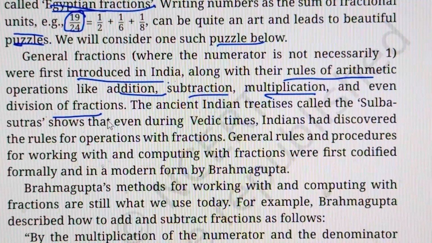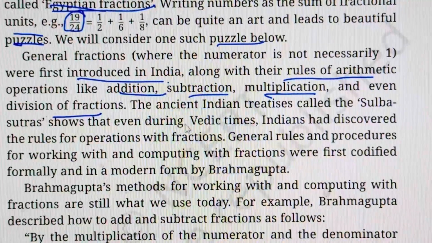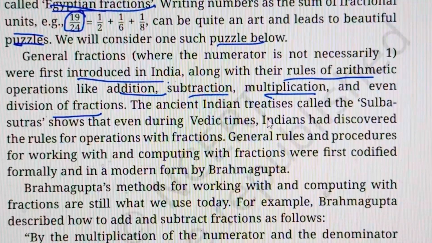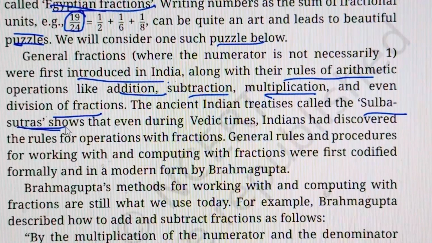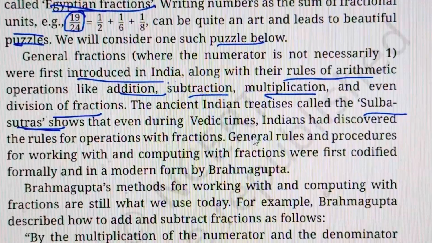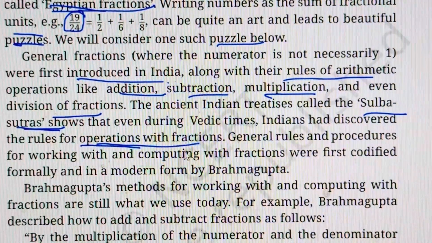These were introduced in India, and the treatises were known as the Sulba Sutras. This shows that even during Vedic times, Indians had discovered the rules of operations with fractions.